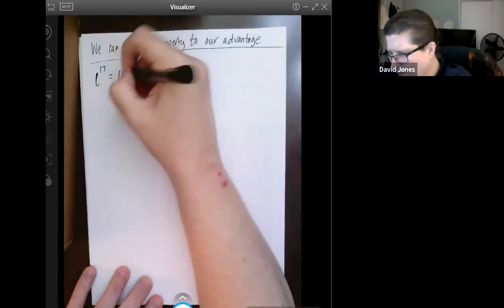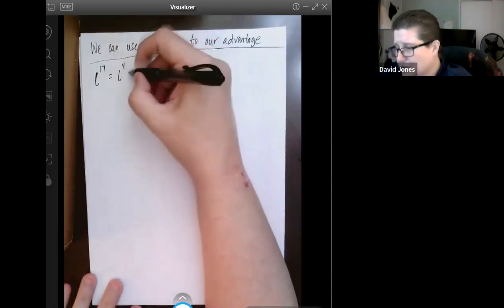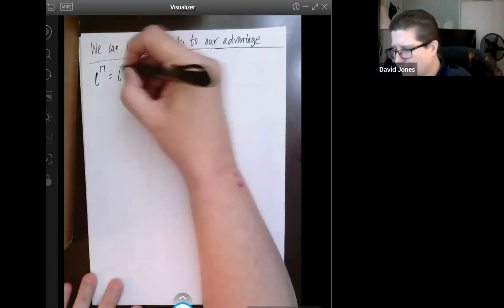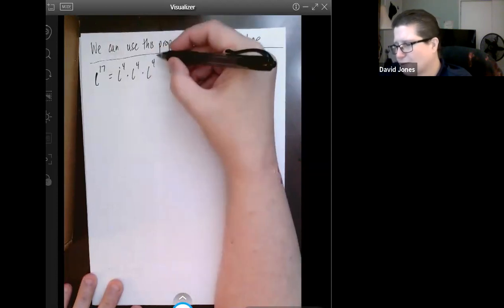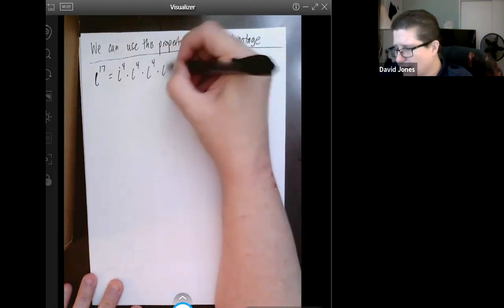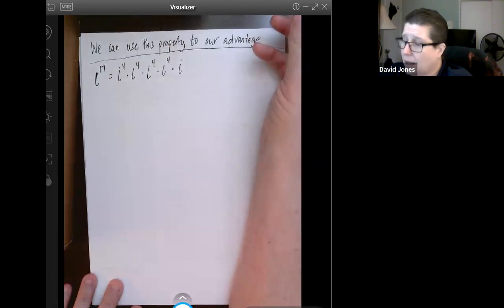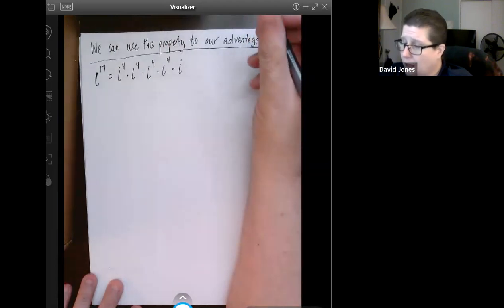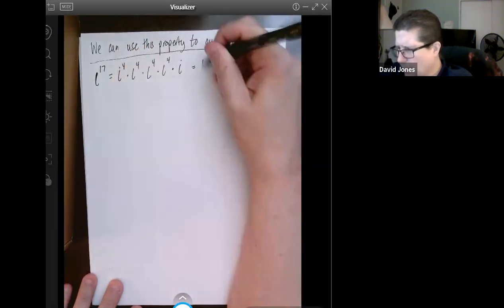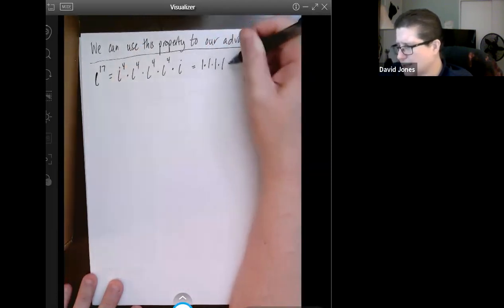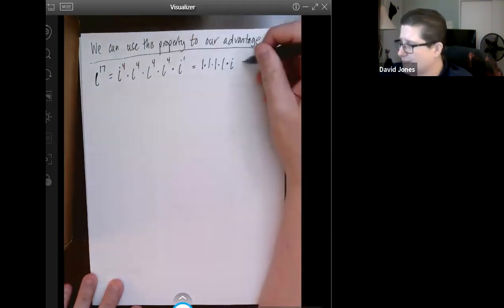Just keep pulling out factors of 4 or multiples of 4 out of that 17. So I've got i to the 4th times i to the 4th. That would be 8. Another 4, 4 plus 4 is 12. Add another 4 would be 16. And then I need one more i. All of these are just 1, 1 times 1 times 1 times 1, except the last one, which is i to the 1st power. So i to the 17th is just i.